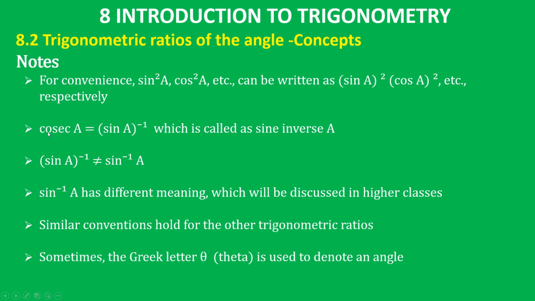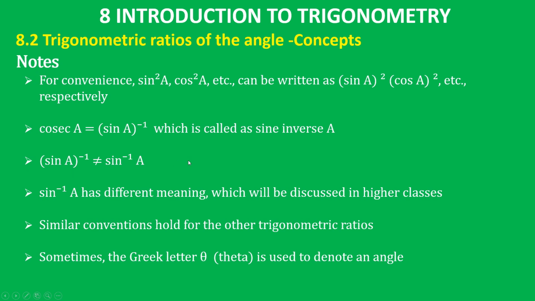Now, consider cosecant A is equal to sine inverse A. We have to say that sine of A whole power minus 1. This we have to specify as sine inverse A. But remember, sine inverse A is not equal to sine power of minus 1 A. Sine power of minus 1 A has a different meaning, which will be discussed in higher classes.